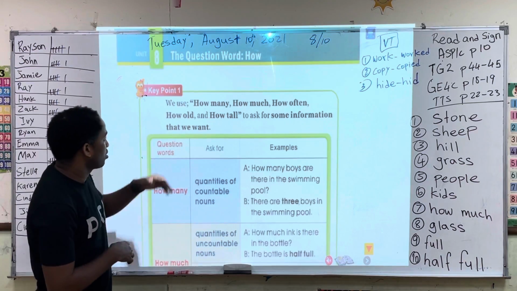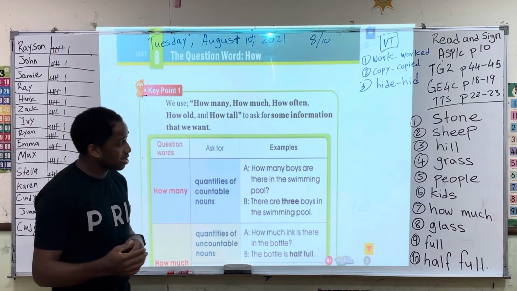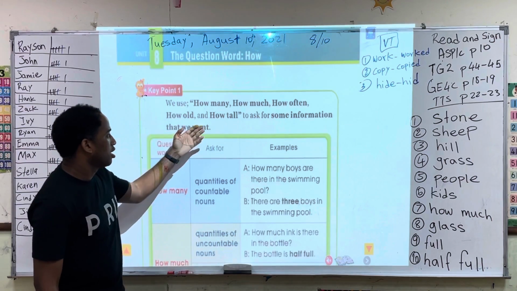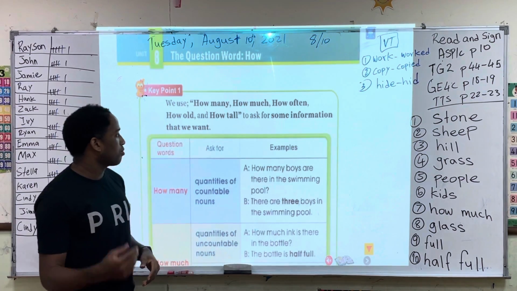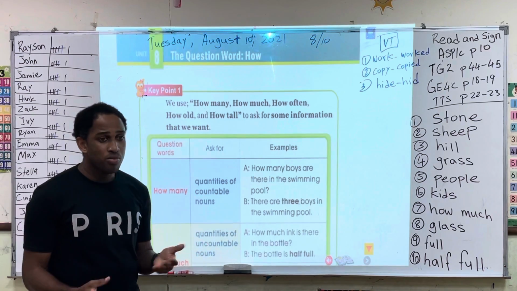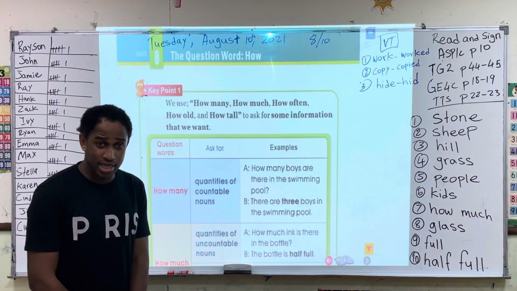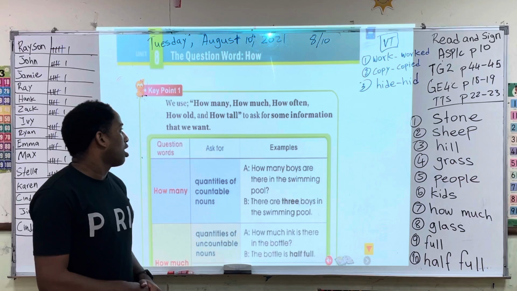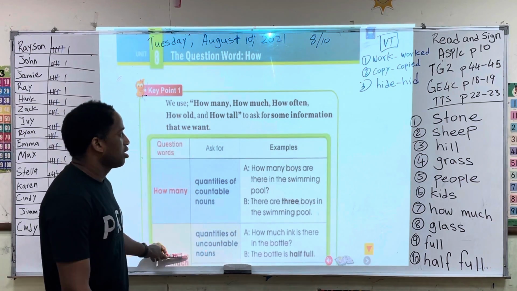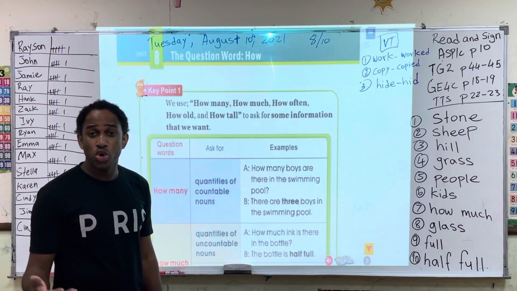Now we use how many, how much, how often, how old, and how tall to ask someone for information that we want. So we use, like, how many students are in the class? How much is the marker? How often do you go swimming?